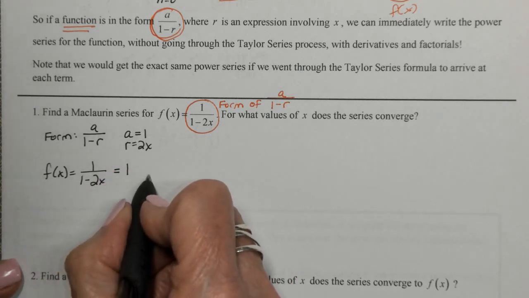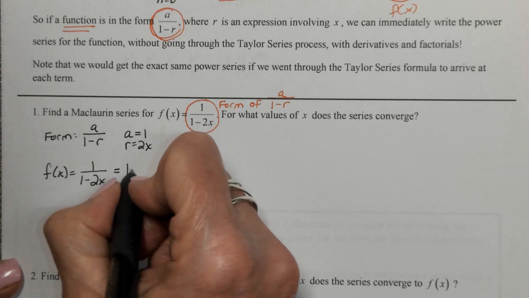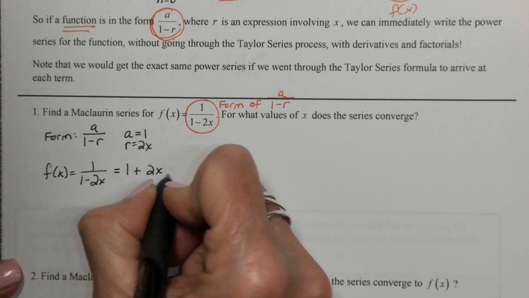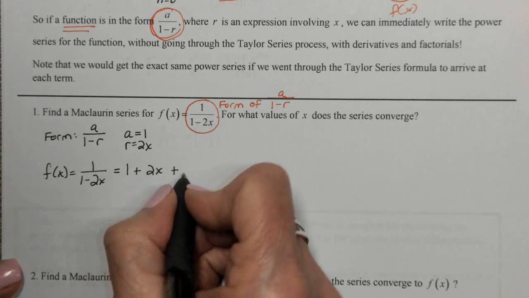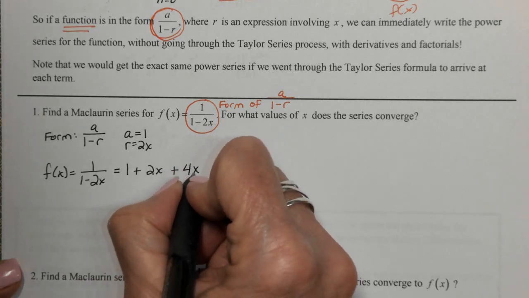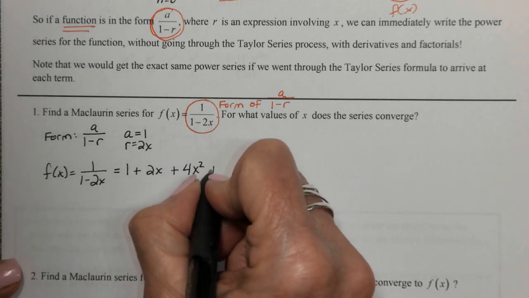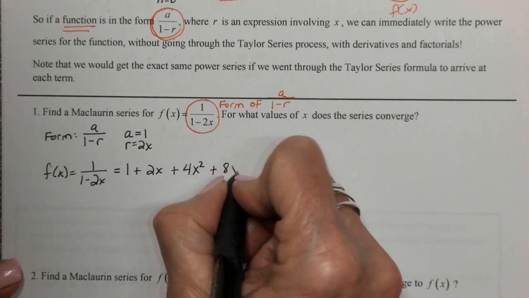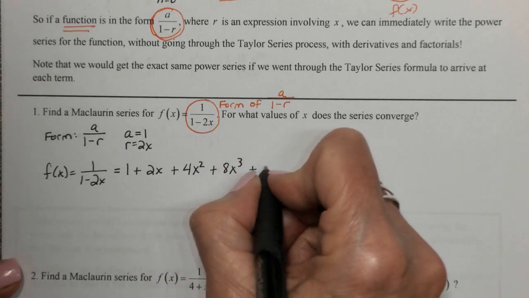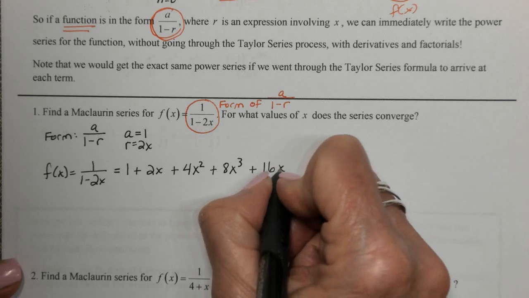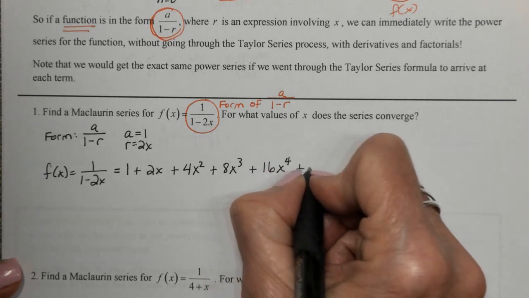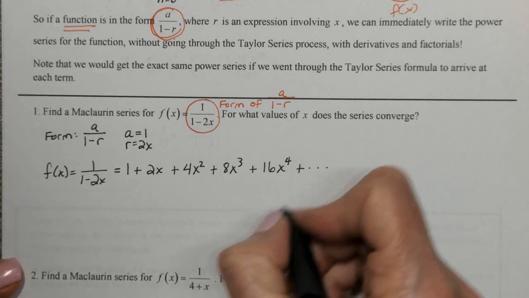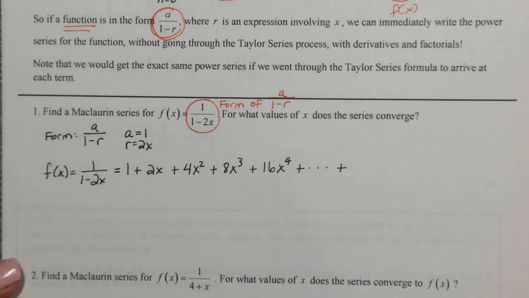To get to our next term, we multiply by r. 1 times 2x is 2x. To get to our next term, we multiply by r. 2x times 2x is 4x squared. To get to our next term, we multiply by 2x, 8x cubed. And we could keep on going, keep on multiplying by 2x every time. Okay, what would be the general term for this?